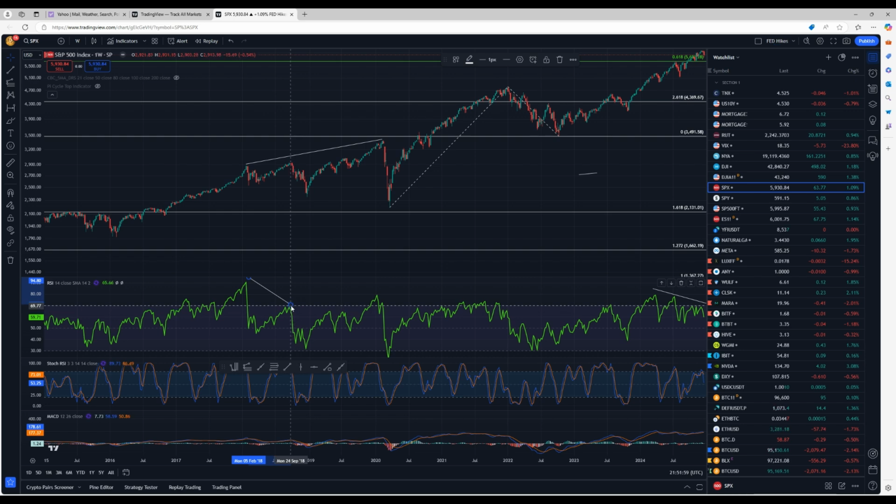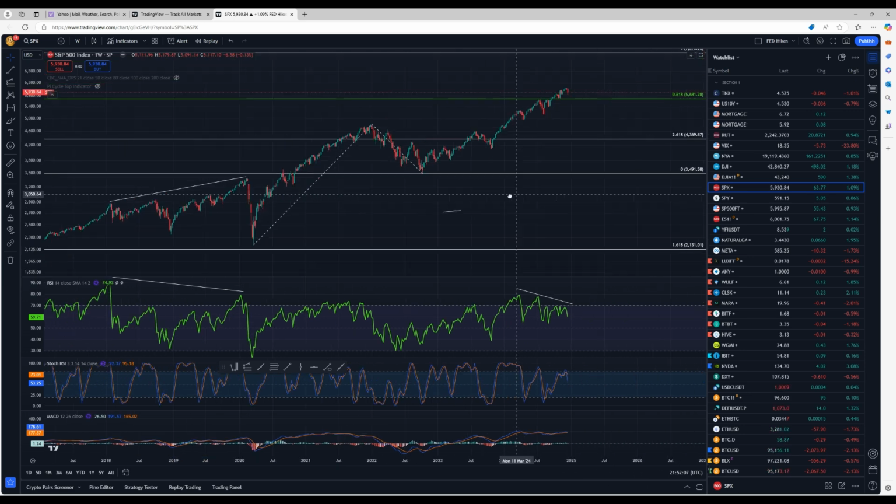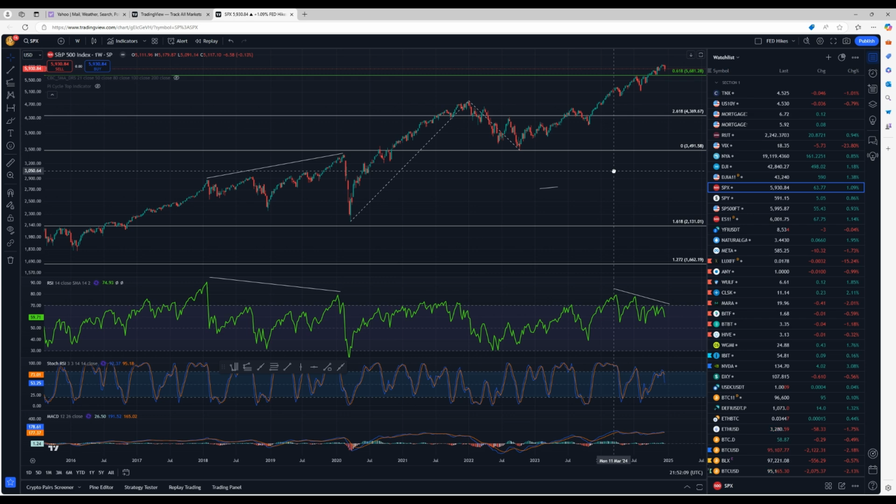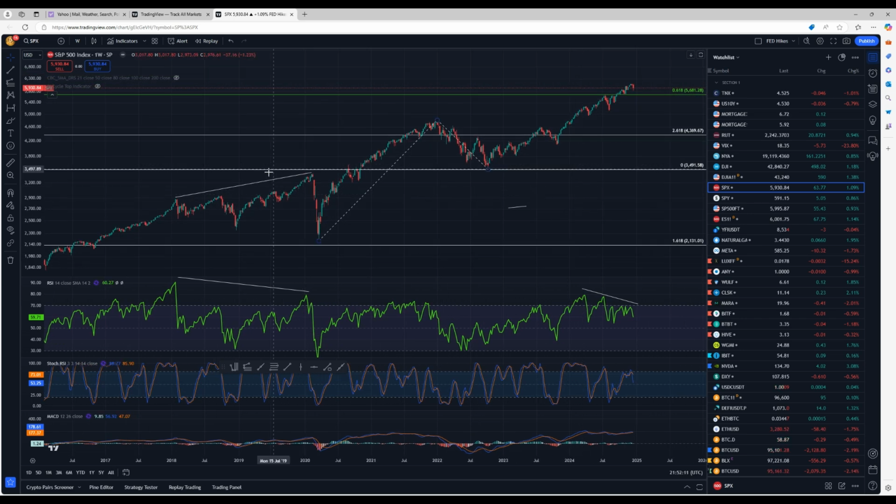We're not too concerned about this. This is just an example of what could happen. We might be in a stage like this where we just have multiple weeks of a downturn and then it reverses up.